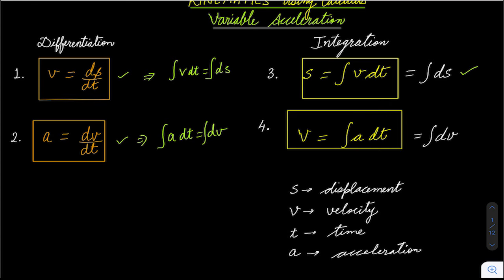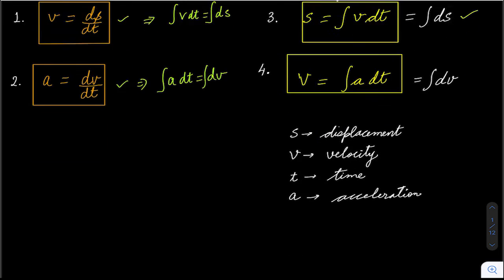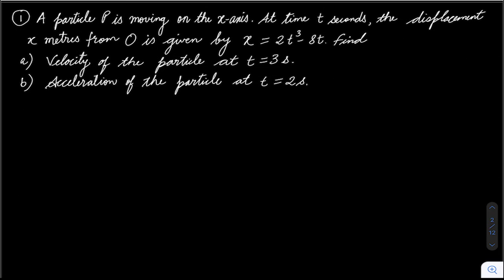You will understand more then. So these are just the basic four formulas that we will be using in variable acceleration cases, or you can say while using calculus. Let's try some questions on this and see how to apply them. That's the most important part, I think.